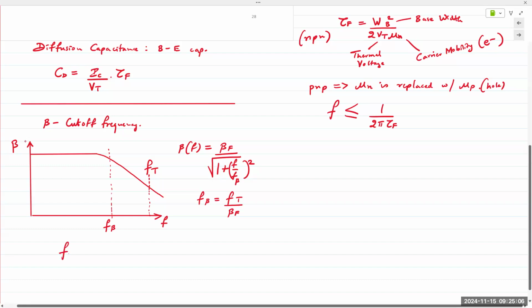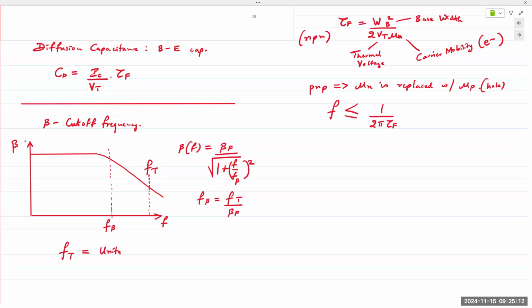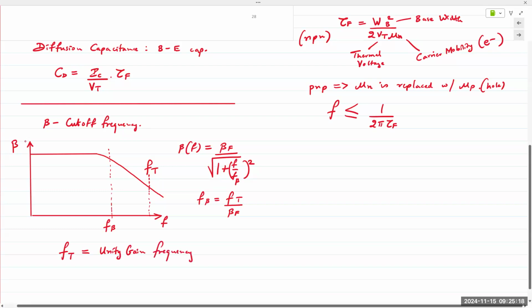Ft is an important quantity. It is the frequency at which the forward active gain drops to 1. We are talking about hundreds of megahertz.